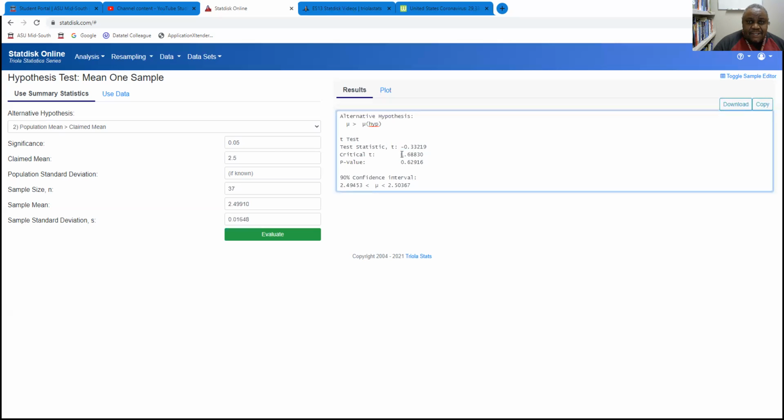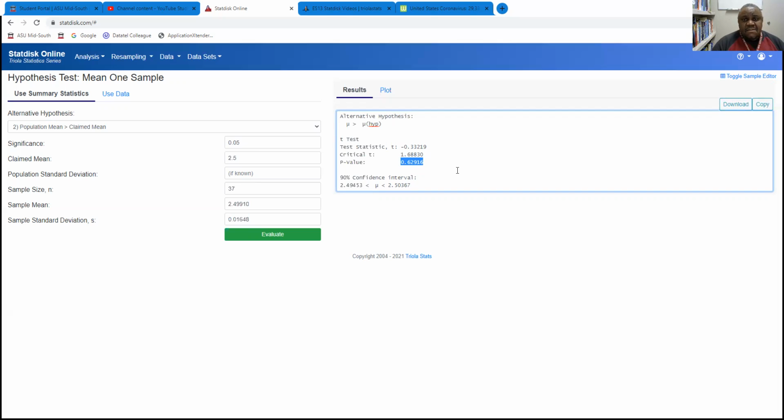Then they ask, what is the critical value? Here it is. To 3 decimal places, it will be 1.688. That's your critical value. Next is the p-value to 4 decimal places. To 4 decimal places, this will be 0.6292.